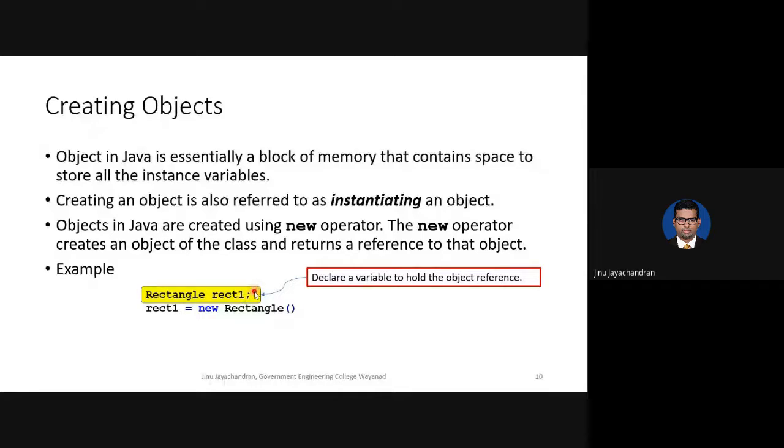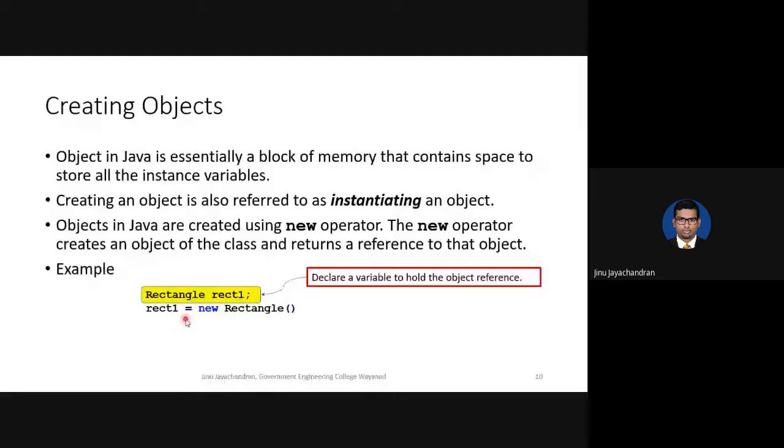But when you come to Java, you need to create an object by saying rect1 is equal to new ClassName, the class name with opening and closing brackets. What it does is a new memory will be allocated. That is why we have a command called new, and rect1 will be pointing to that memory, or it's actually a reference to that memory.